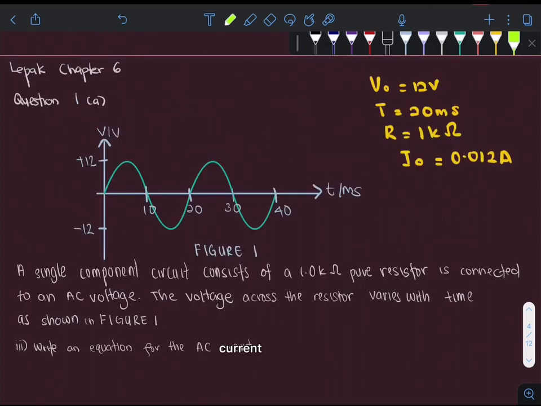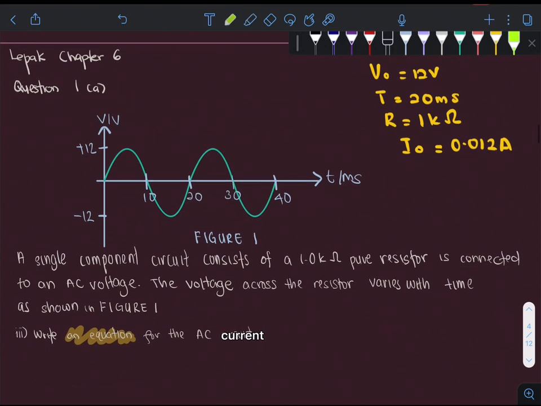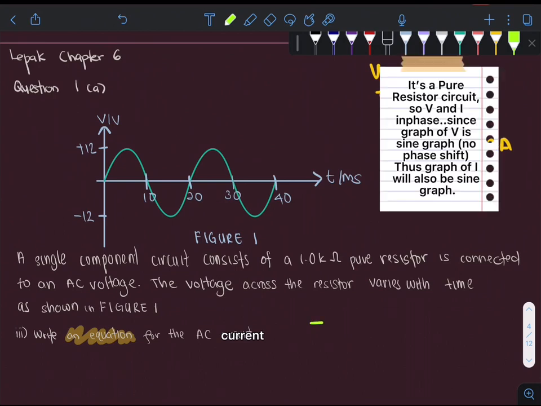Next we are going to look at the third question, where the question asks us to write an equation for the AC current. Before we write the equation of the AC circuit, let us first write the general equation for the AC current. We have the general equation for the current in an AC circuit: I is equal to I naught sine omega t, where our current I is going to vary with respect to time. As the time changes, the current is also going to change.